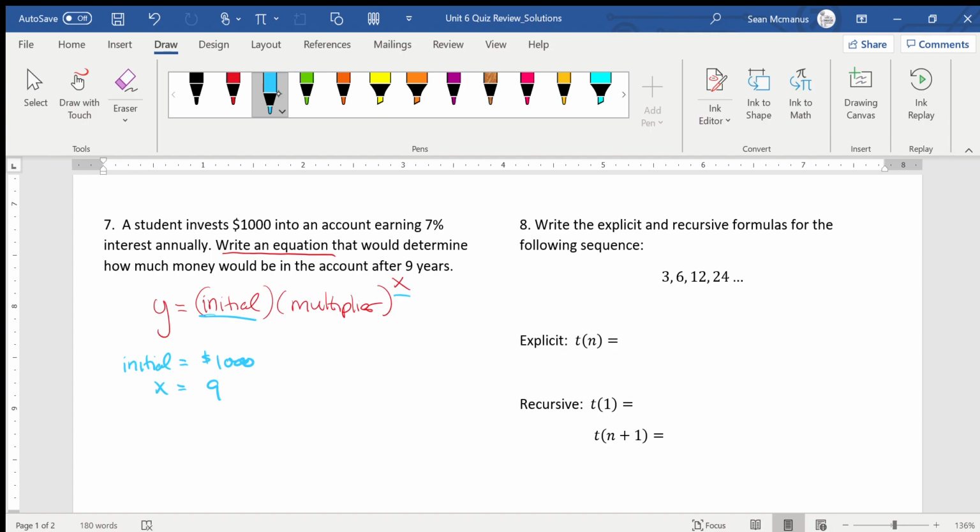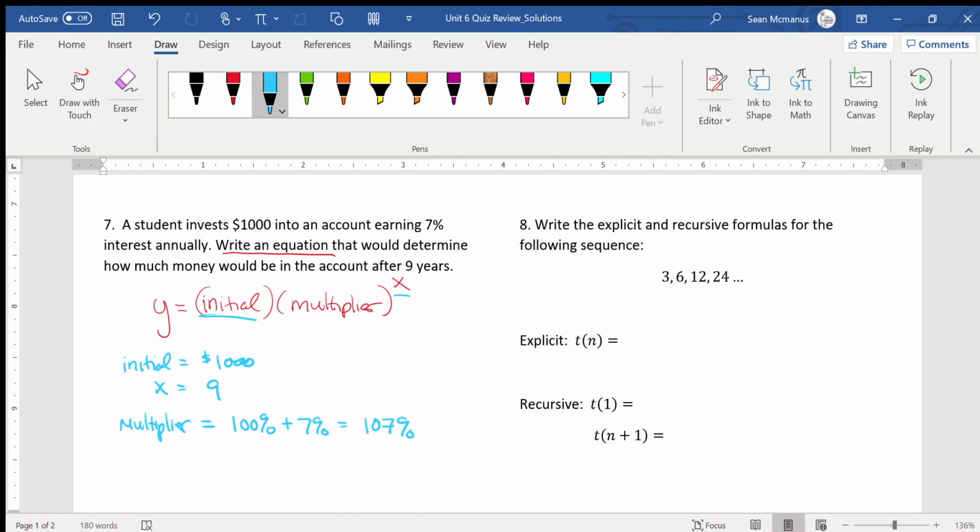The multiplier is going to use the interest rate, right? So I put in 100% of my money, and it gives me back the same 100% plus 7% interest for a total of 107%.